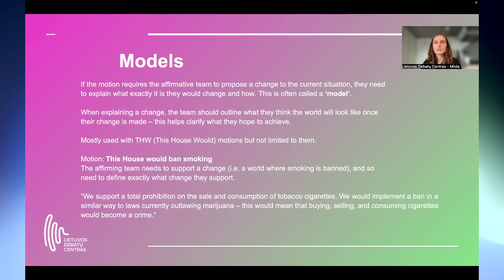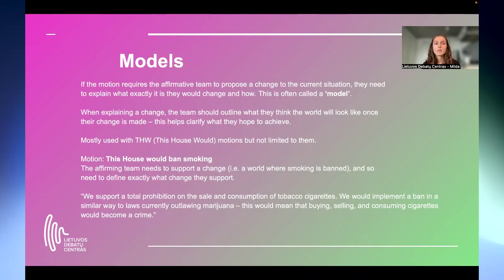And what's always good to do, as just a tip, is instead of trying to think of completely new laws yourself, think of laws that already exist in society or something similar to them. So if you want to ban smoking, the thing that comes to mind for many of us probably is the ban on marijuana.